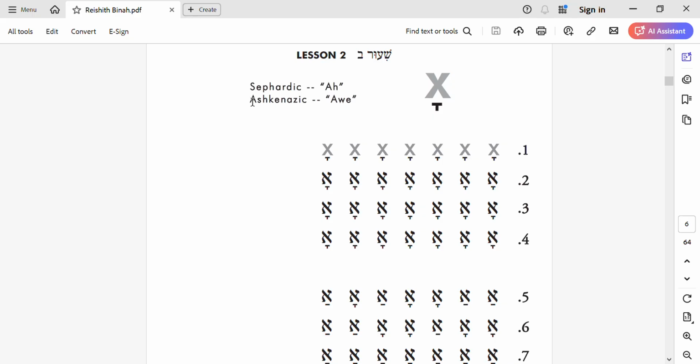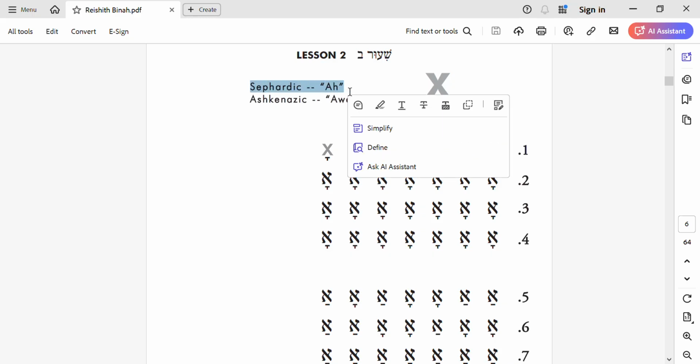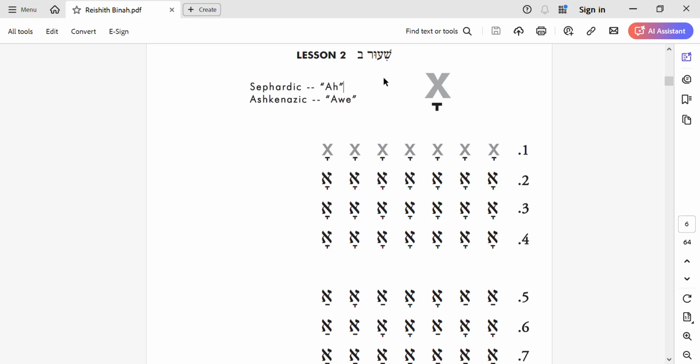And in lesson 2, we talked about the kamats, which makes the same type of sound, which is ah. We're going by the Sephardic pronunciation in our lessons. This is the way that Israelis pronounce, and this is how we'll move forward. For you it's the same.